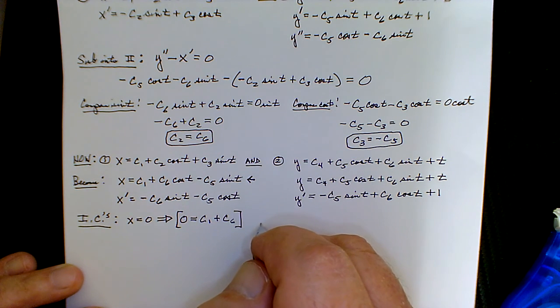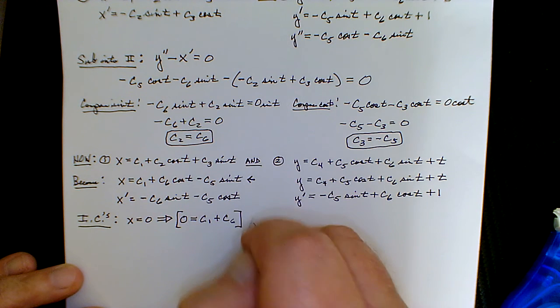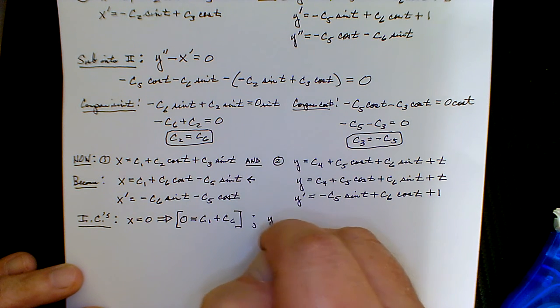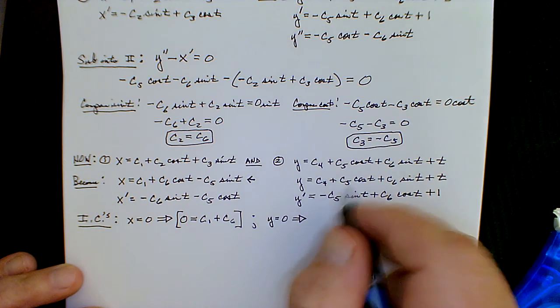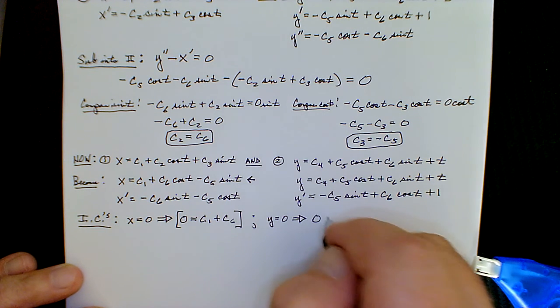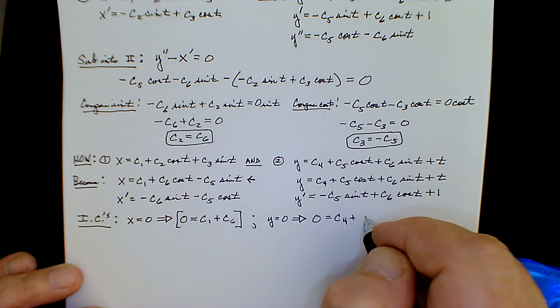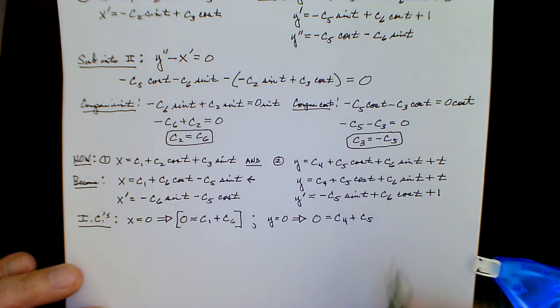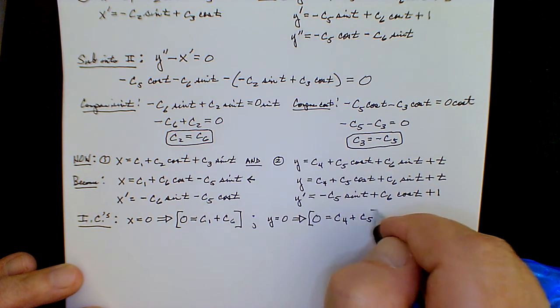Okay, and then let's see, what other ones do we have? Let me do the y's over here. Y is 0 gives us, okay, so then I'm in this equation. 0 equals C4 plus C5. And we're going to have to hold on to that one too.